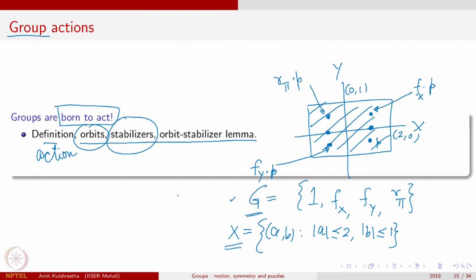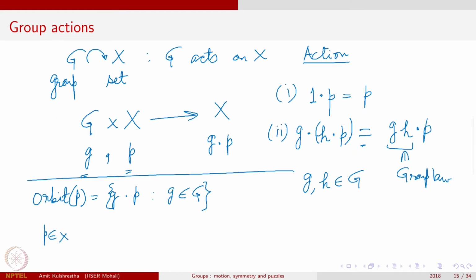So, as you have seen, this point has 4 elements in the orbit, while this point has only 2 elements in the orbit. And if I take this origin, then orbit is just the origin, because whatever thing I do, Fx, Fy or R pi, this point is not going to move. There is only one element in the orbit.